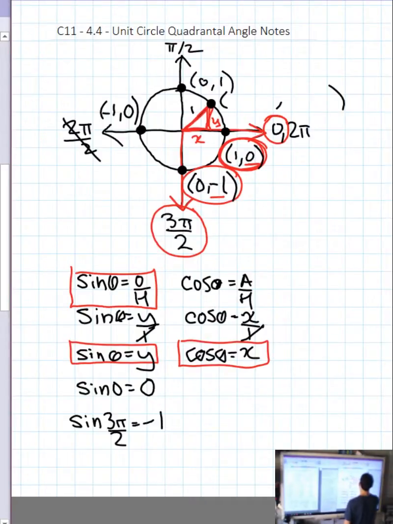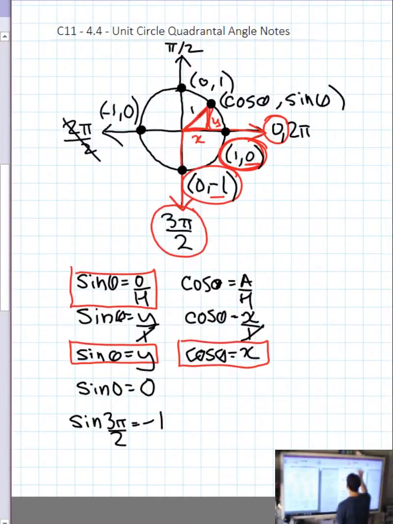I hope you're all paying attention. Happens all the time. The x value is cos theta. The y value is sine theta. That rarely happens, but when you're doing it, it happens. Be careful. Cos is x, sine is y. Sine is all about the opposite, which is y, which is vertical. Cos is all about the x, which is horizontal.